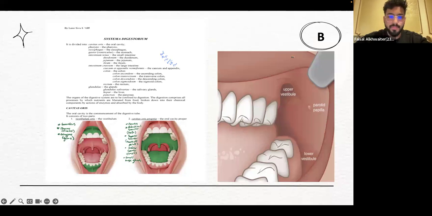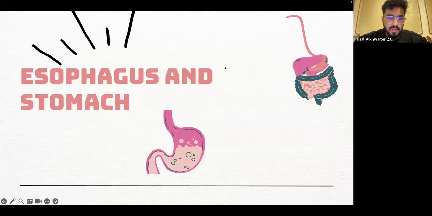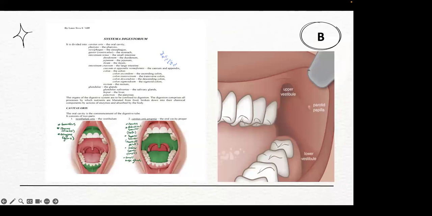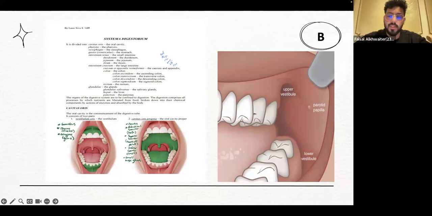Can you give me a minute, guys? I'm just trying to put the laser pointer.